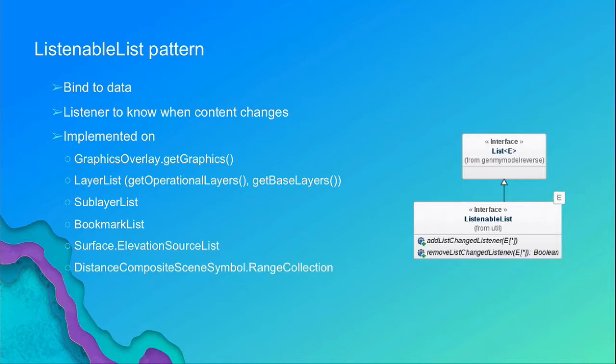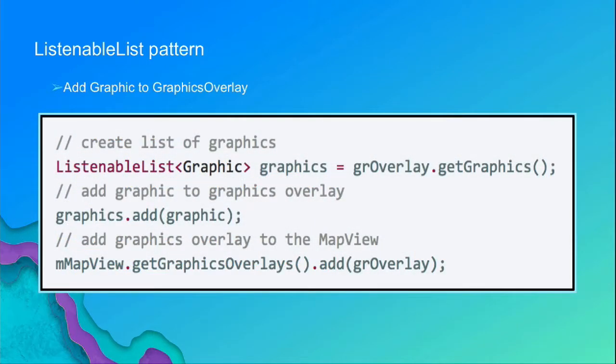This ListenableList extends the regular list, and it binds to data, and it has a listener to know when the content of the list changes. And some classes in our API implement this ListenableList, such as the get graphic on the graphics overlay, and also the sublayer list and layer list implement this.